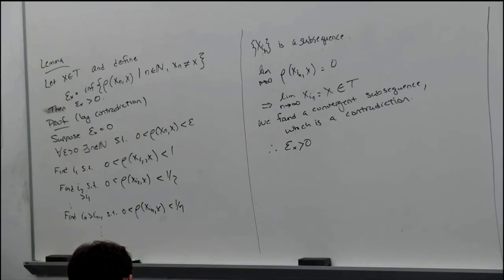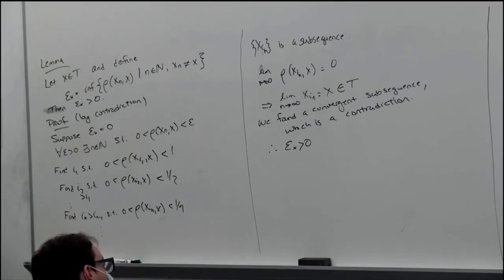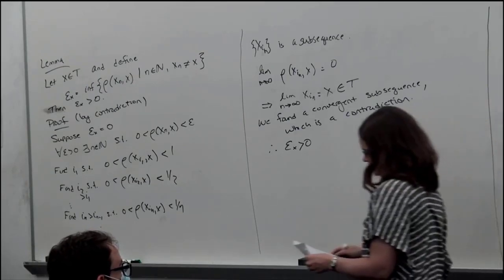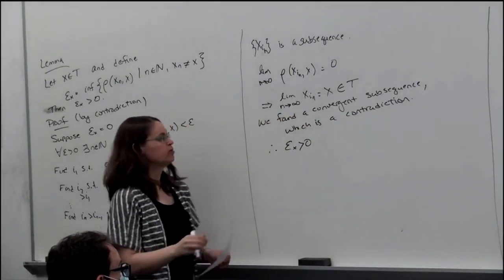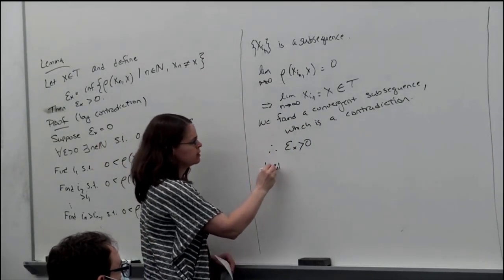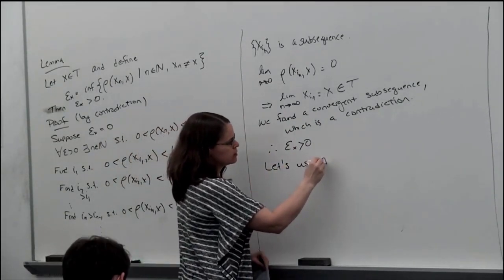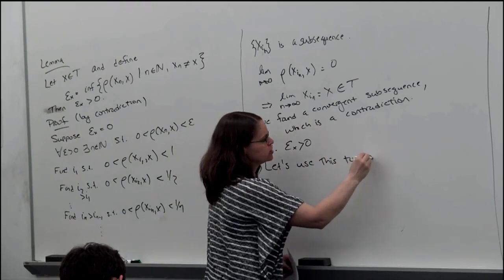And each of these open sets either contains exactly one point in my sequence, or no points in my sequence. So let's use this to construct an open cover.